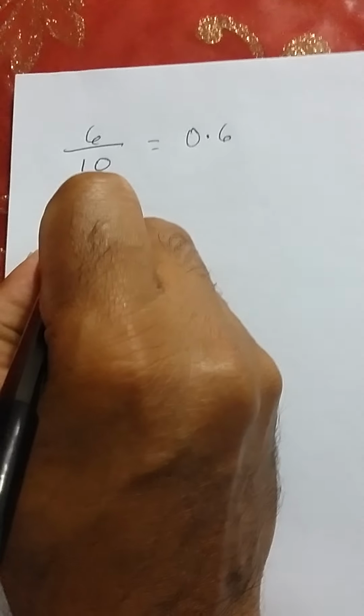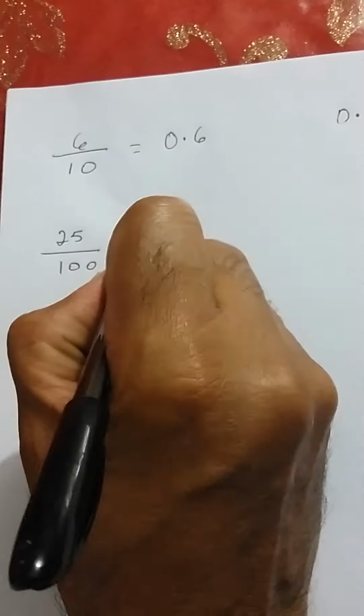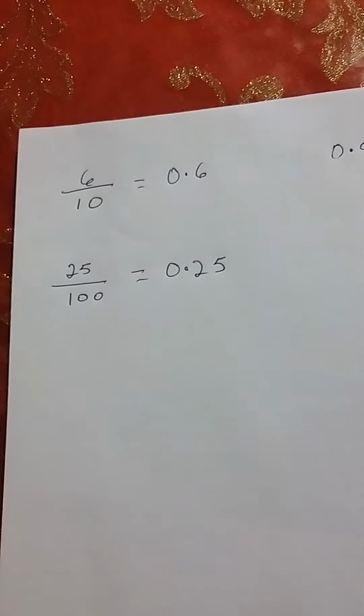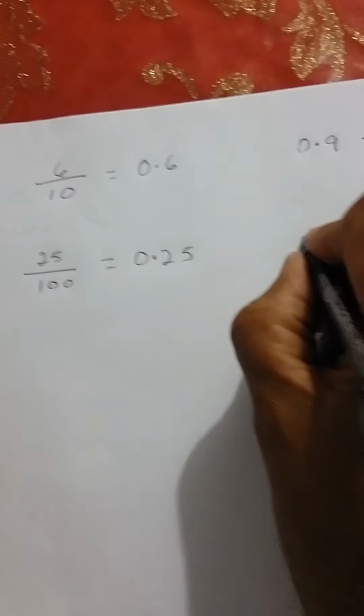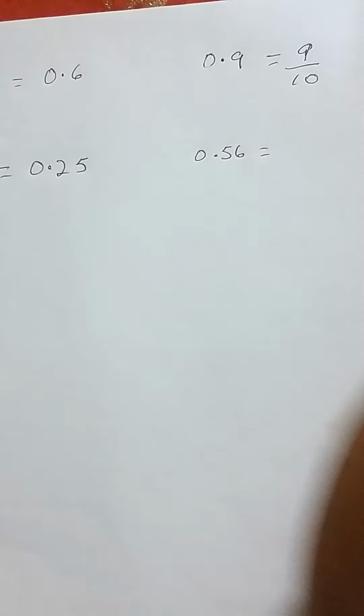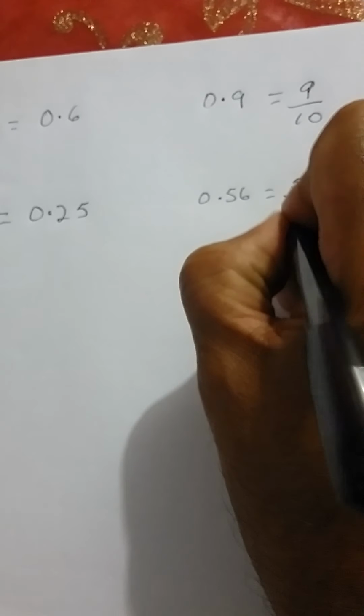Similarly, if we had hundredths, like 25 hundredths, we would write this as 0.25, and if we had 0.56, we will write it as 56 out of 100.